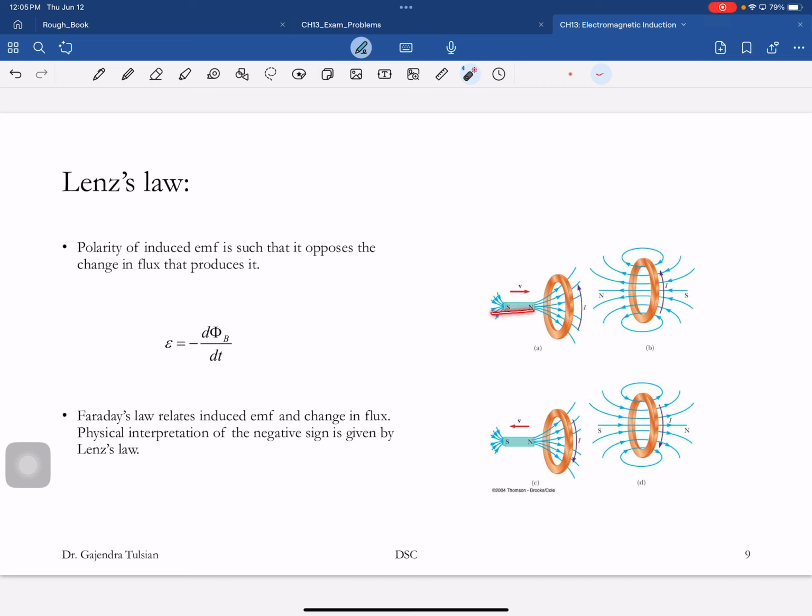When you move the magnet in this direction, the flux through this thing is decreasing, and the induced current produces a flux in that direction, opposing that change. So the polarity of the induced EMF is such that it opposes the change in flux that produces it.